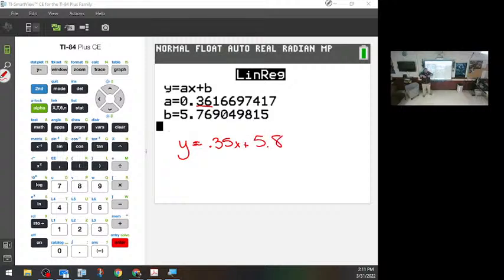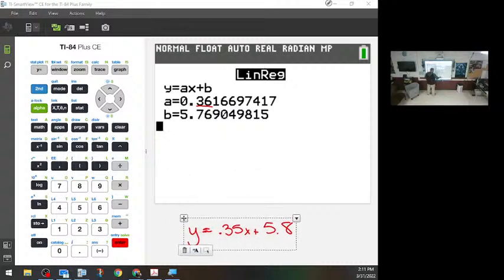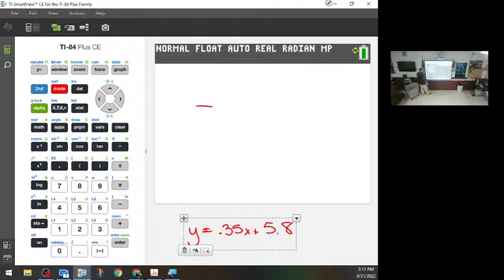You should have been somewhere in that ballpark because this is the perfect line. There's a big ugly equation to get this, and the calculator does it for me. You should have been kind of close to this. Well, if I know this, then I can just come back to my main screen here. I don't want that. Get out of there. And I can say about 0.35 times 22 years plus 5.8.